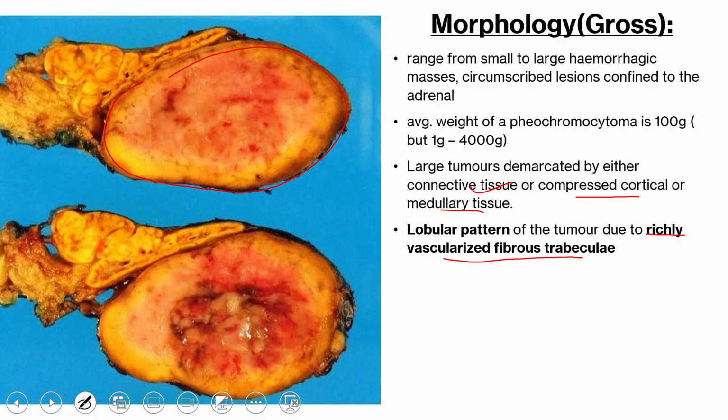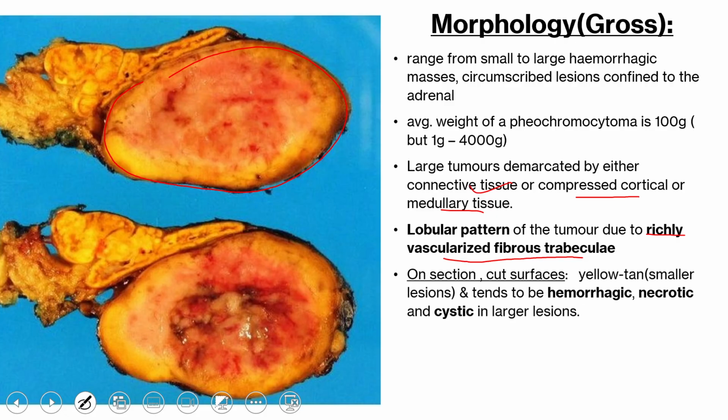The trabeculae of the adrenal medulla are richly vascularized because, as we studied earlier, hypoxia-induced factor enhances angiogenesis to supply more oxygen to the tissues. Here, even though there is no hypoxic condition, the hypoxia-induced factors are present and doing their function, that is, angiogenesis. So the trabeculae are richly vascularized due to the excessive angiogenesis induced by the hypoxia-induced factors.